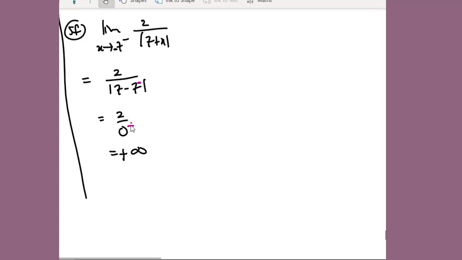Actually, you can define first: 7 plus x is equal to 0, so x is equal to negative 7. So this is negative 7, so x plus 7 actually.